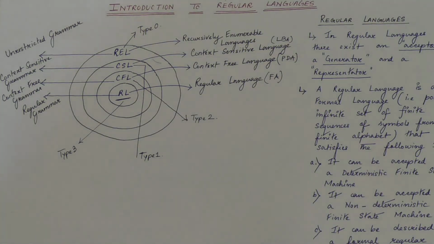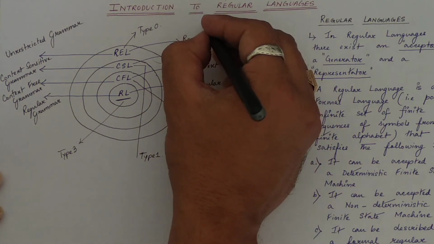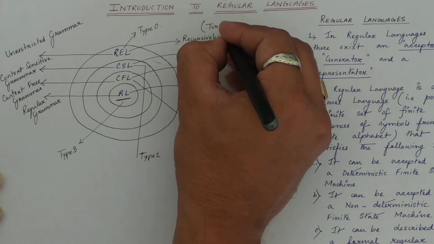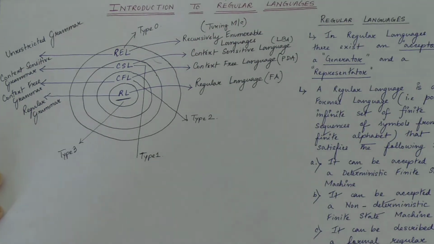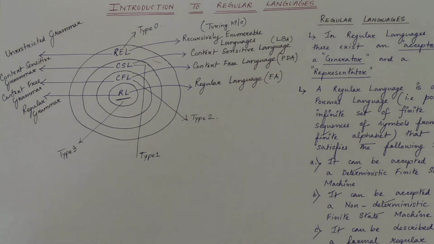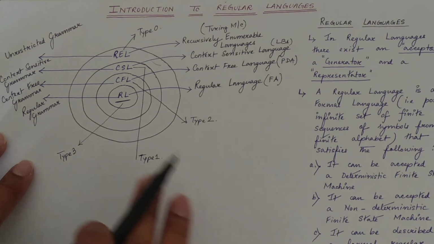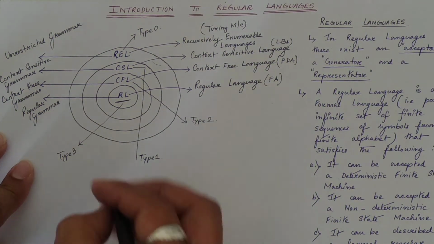This is another name. So unrestricted grammar is the set of rules, and the machine that accepts it is your Turing machine. So this is the hierarchy of how a regular language has been defined. This is all about the introduction to regular language, and this diagram that you have learned is known as the Chomsky hierarchy.